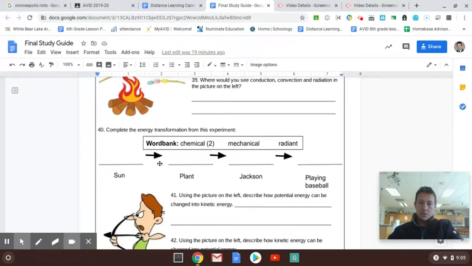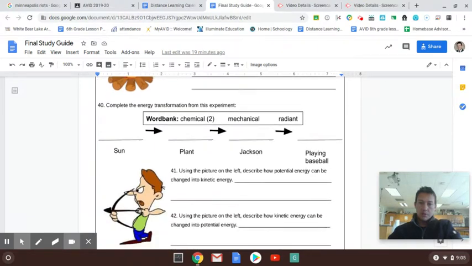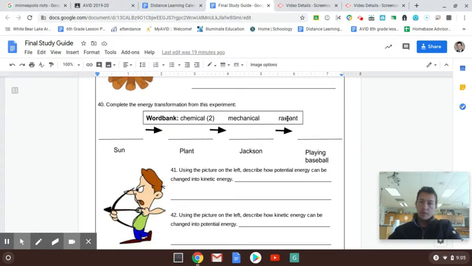Complete the energy transformation from this experiment. Use this word bank: chemical, mechanical, radiant. So if we have the sun and it sends energy to a plant, what kind of energy is that? It's radiating energy, so it would be radiant to the plant. Now the plant absorbs the energy and stores it through photosynthesis. It turns it into chemical energy.